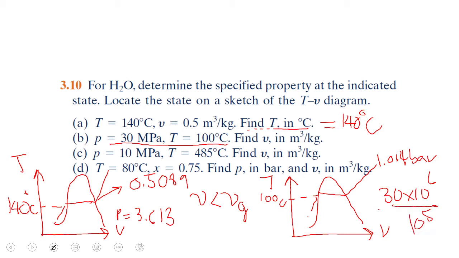So it is 300 bar. The line of 300 bar would look something like this. Now 100 degrees Celsius and 300 bar coincide in this region. So it coincides in the liquid region.